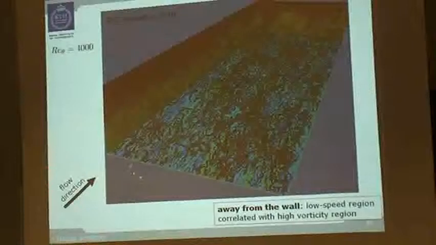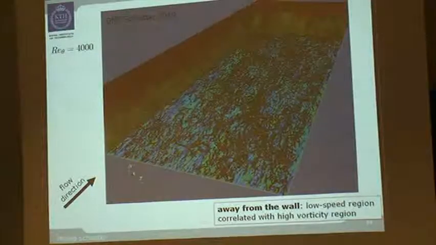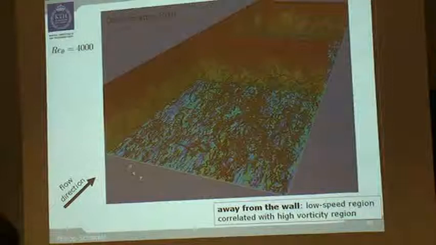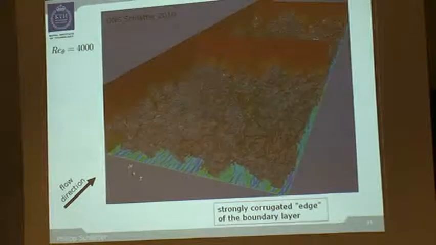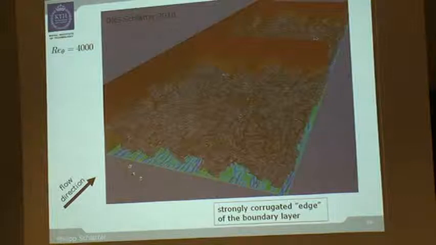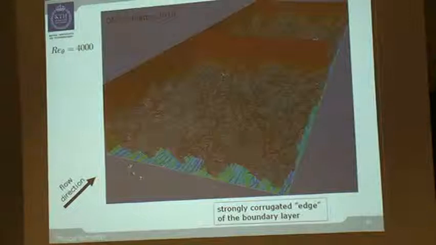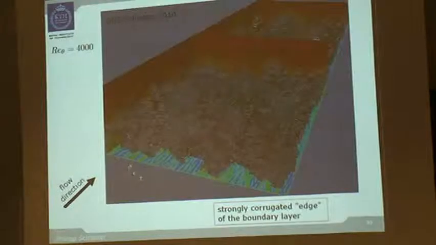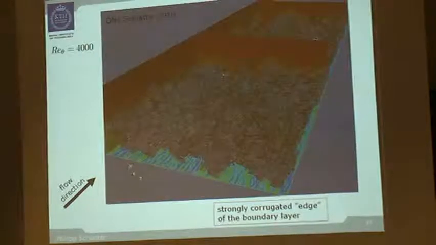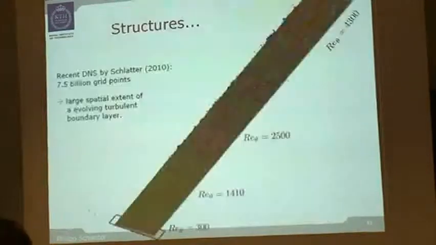We can then also add some more vortices which are further away from the wall. And that's the last visualization here. We can just put in the boundary layer edge, so an isosurface of, I think it was, 0.8 increase in velocity, just to show you how corrugated, how wavy, how irregular the edge of the boundary layer is.